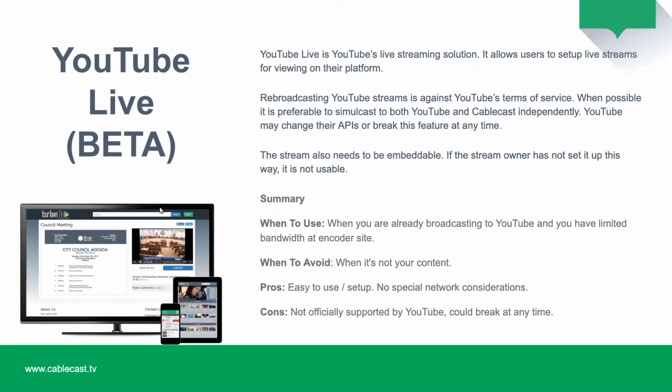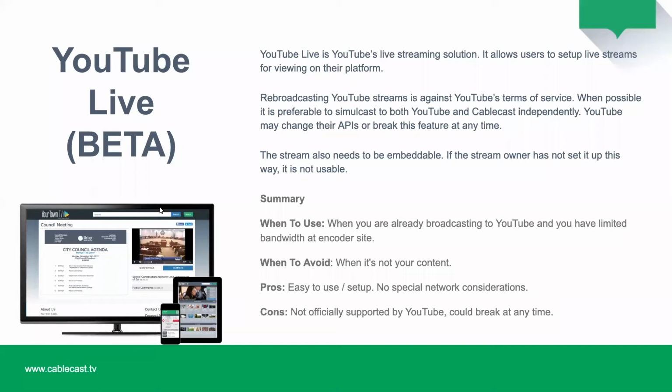So when possible, it is preferable for you to simulcast to both YouTube as well as Cablecast independently, so that you don't violate their terms of service. YouTube may change their API at any minute, so that could potentially break this feature at any moment. That is why we're labeling it as beta, because it could make changes.